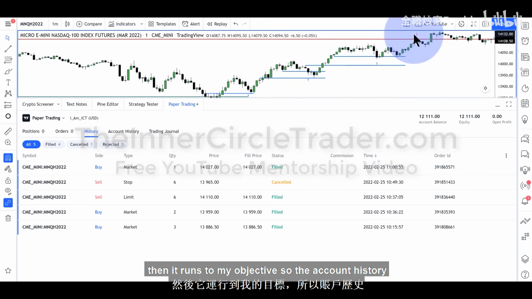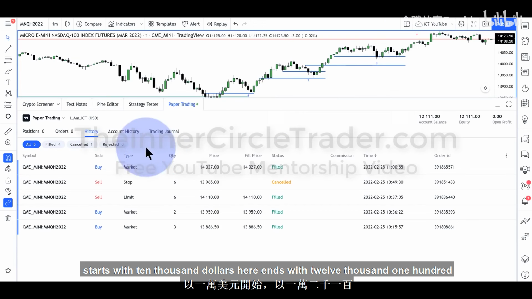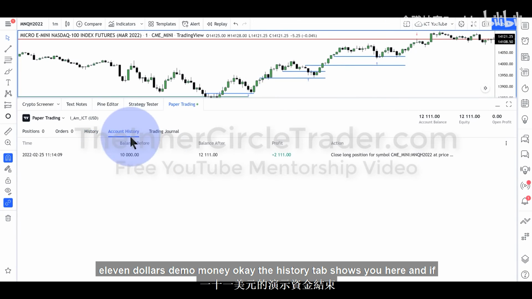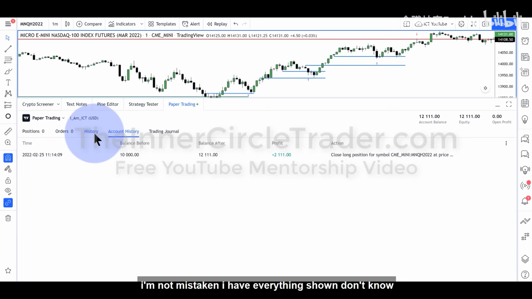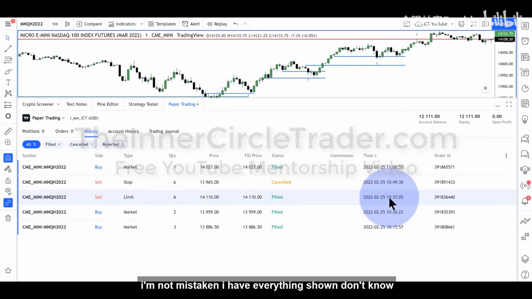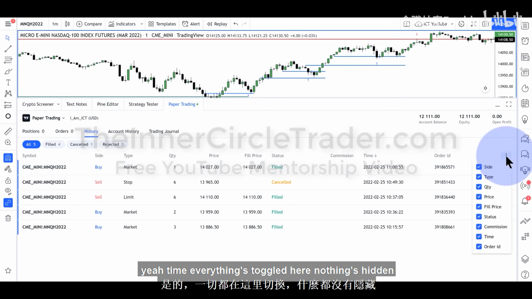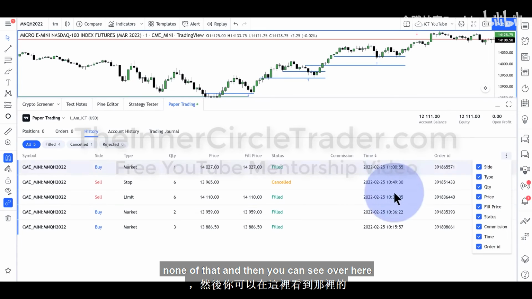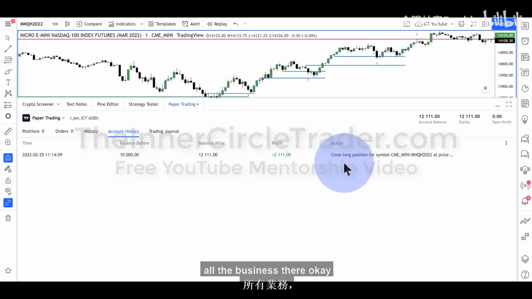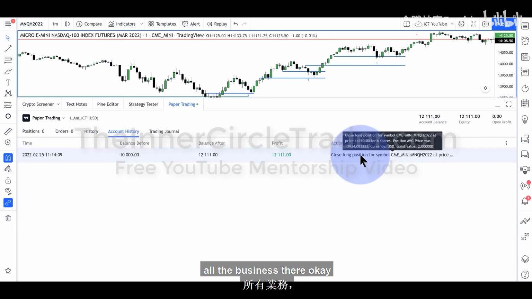Then it runs to my objective. So the account history starts with $10,000 here, ends with $12,111 demo money. The history tab shows you here, and if I'm not mistaken, I have everything shown, don't I? Yeah, time, everything's toggled here. Nothing's hidden, none of that. And then you can see over here, all the business there.